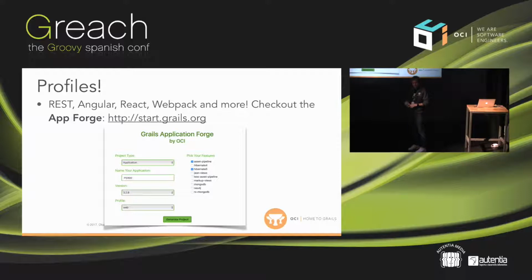Really handy for demos. In addition to the web interface, we have a curl interface. So if you're using a terminal, you can type curl and a particular URL. And in fact, if you go to start.grails.org, actually I didn't have space on the slide here, but it'll show you the curl command that you can write to get your application up and running.